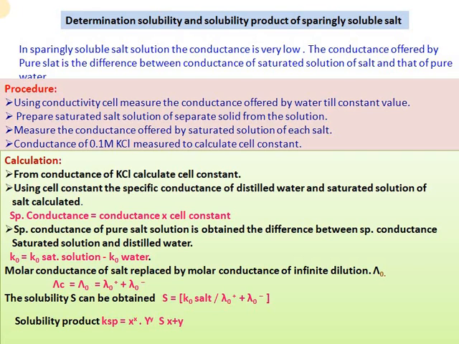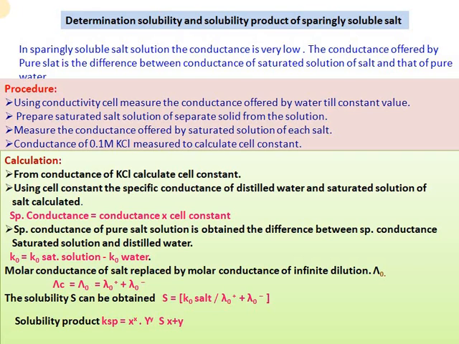From the calculations, firstly, from the conductance of KCl solution, we calculate the cell constant. Next, using the cell constant, we can find the specific conductance of distilled water as well as the saturated salt solutions, as the specific conductance is equal to the conductance times the cell constant.